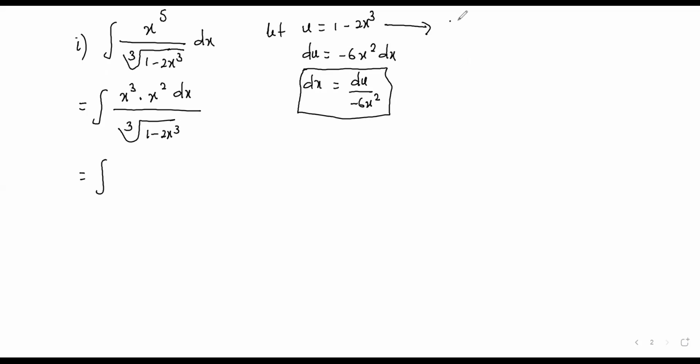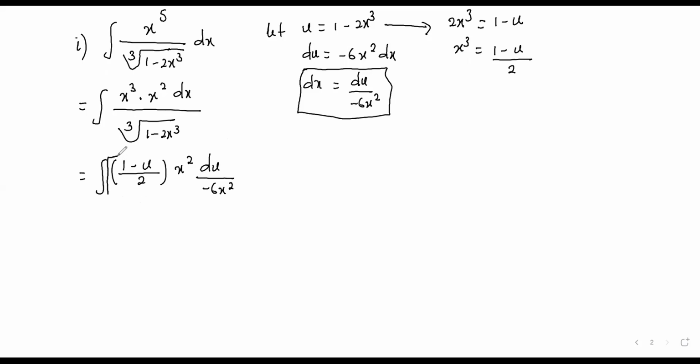So 2x^3 is equal to 1 minus u, so x^3 is equal to (1 minus u) over 2. Where there's x^3, we're going to have (1 minus u) divided by 2. Where there is x squared, we leave it as x squared. Where there is dx, it has become du over negative 6x squared.